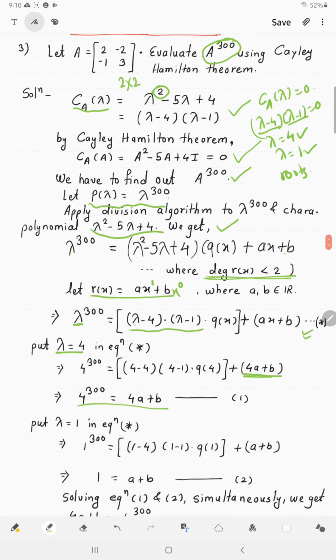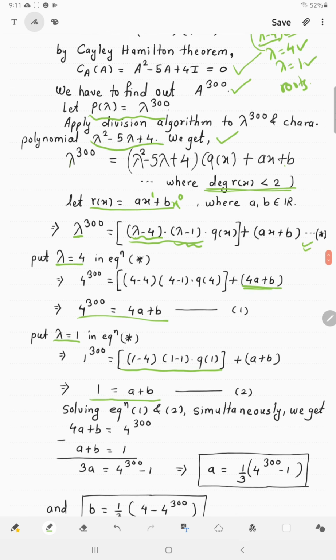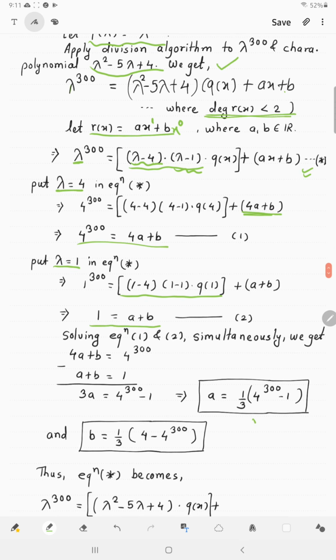Now if I put lambda equal to 1 in equation star, I will get 1 raised to 300 equals 1 minus 4, 1 minus 1 into q of 1. In the first, this term becomes 0, so the whole term is 0. So only the remaining terms are 1 raised to 300, that is 1, equal to a plus b. Now if I solve these two equations simultaneously, I will get a and b.